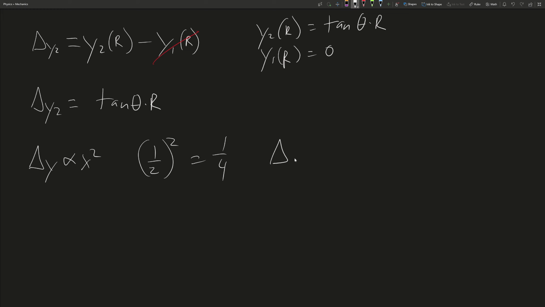So that means the difference in height at position 1 is equal to 1/4 of the difference in height at position 2, which means this should be 1/4 of tangent theta times r.